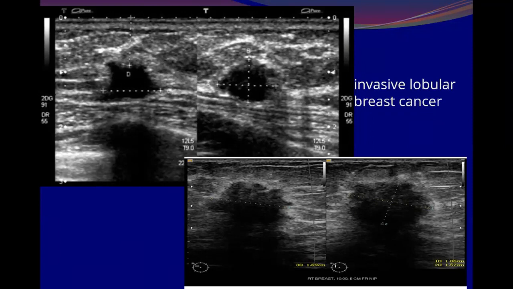Yes, it's invasive cancer, but it appears as a cyst. But if you look, the internal echoes are being underlooked because it is a high contrast image. It is black and white.